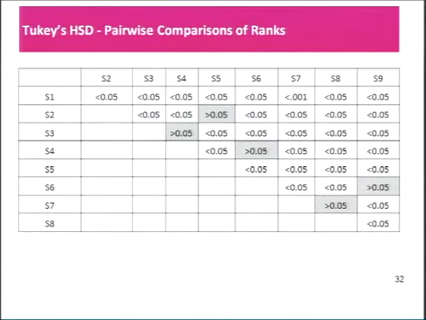Again, with the parametric F-test that we did on the entire data set, we concluded that the image quality scores were in fact different between all the 9 data sets. So the next step was to actually drill down and see which pairs of these data sets were statistically similar and which ones were not. The way to interpret this table is exactly the same. The numbers that are greater than 0.05, those pairs were statistically similar, and all the numbers that were less than 0.05 were not statistically similar.